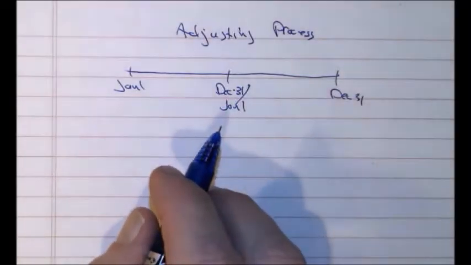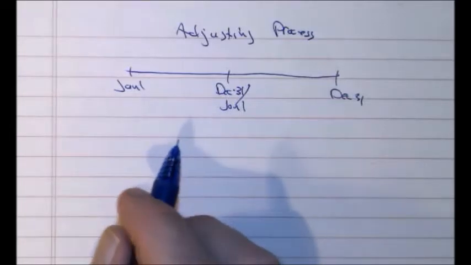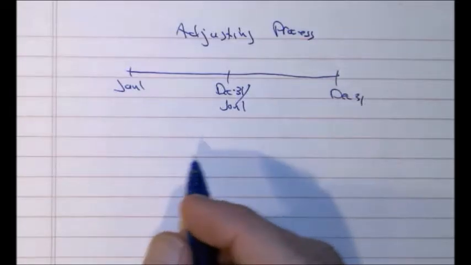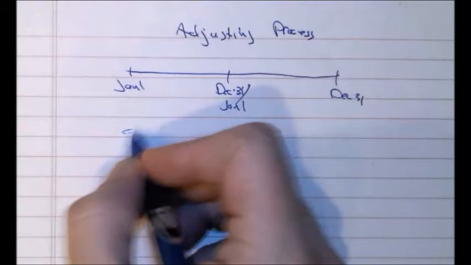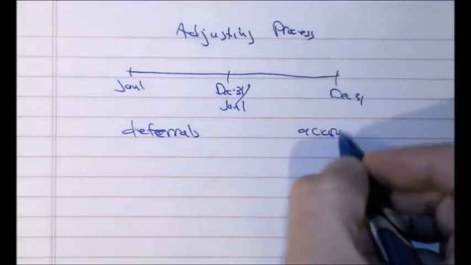Now, the last thing that we're going to talk about in this video is preparing us for the next set of them. We are going to learn how to do these adjustments. There's a couple different kinds of adjustments that we do. We do something called deferrals, and we do something called accruals.